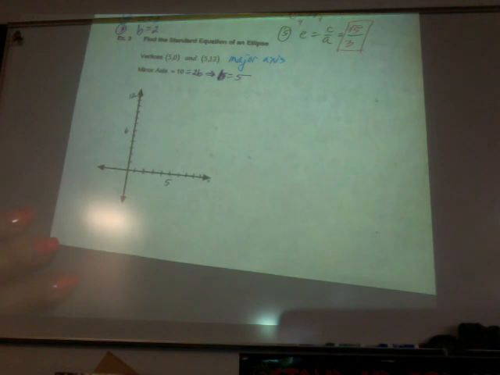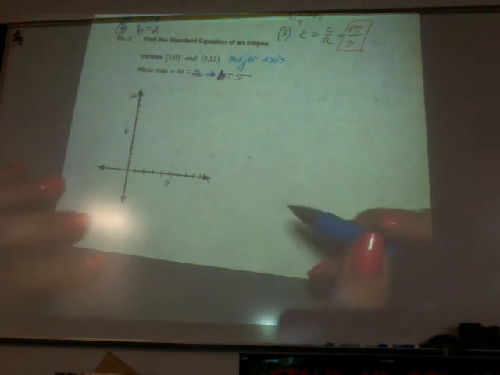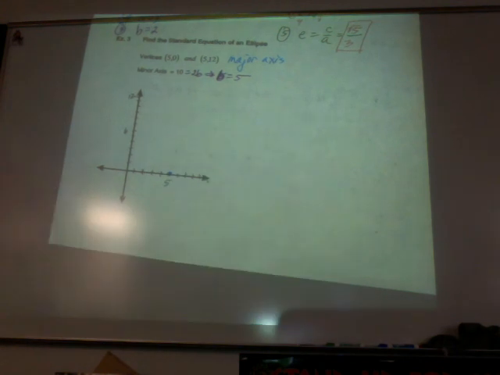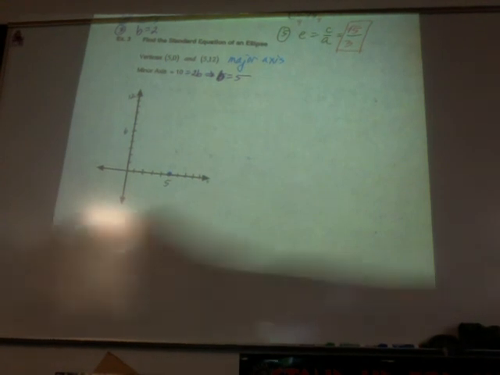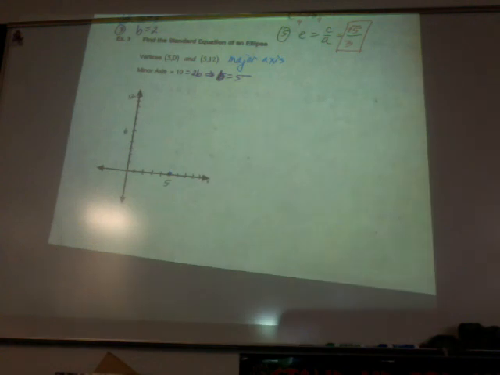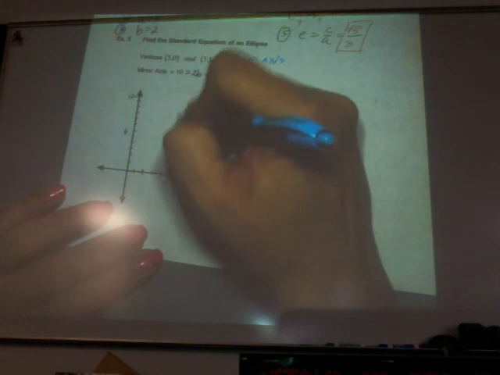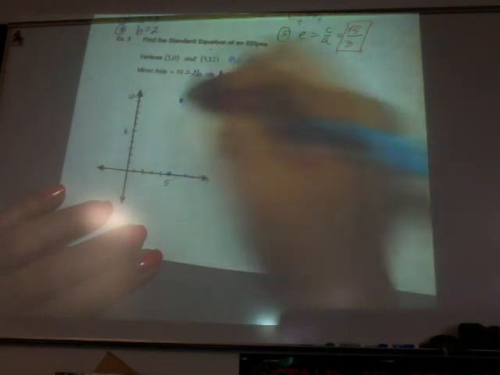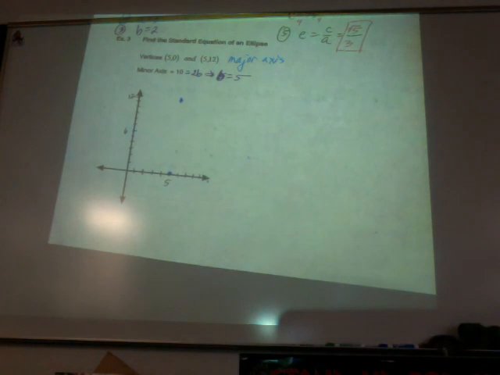So one of my vertices is to the right 5 and up 0. Then my other vertex is to the right 5, but up 12. Eyeball it. Close enough for government work.